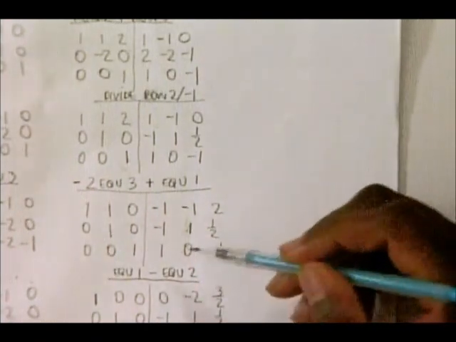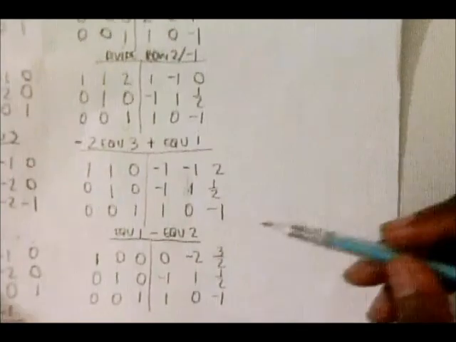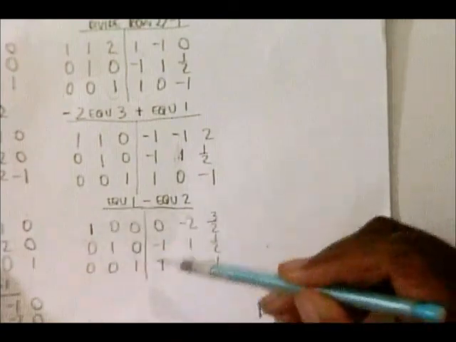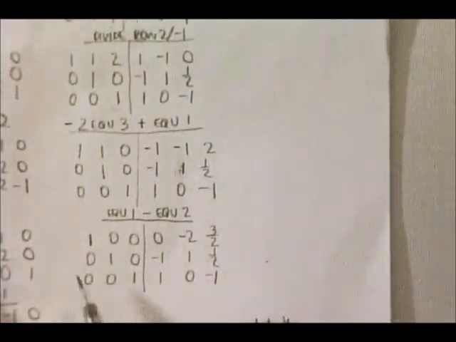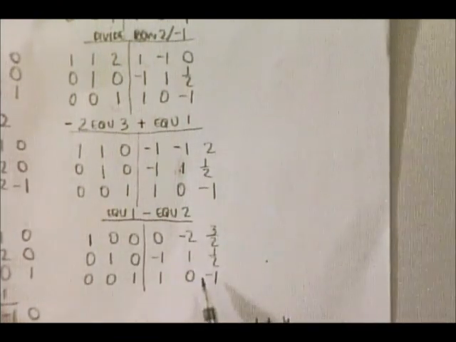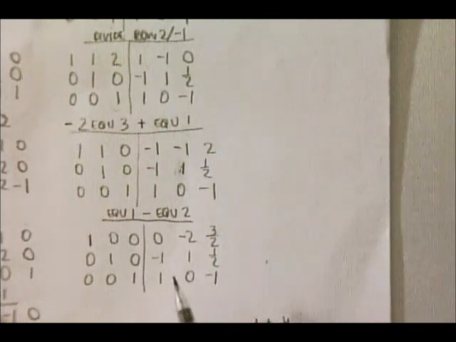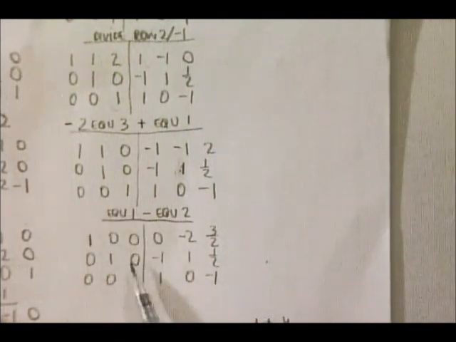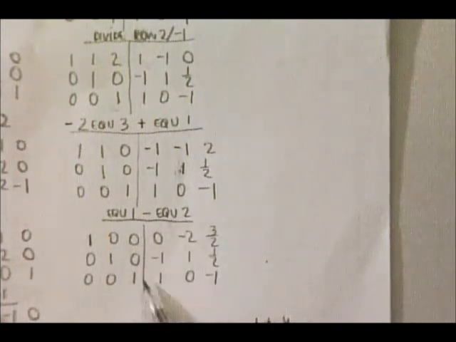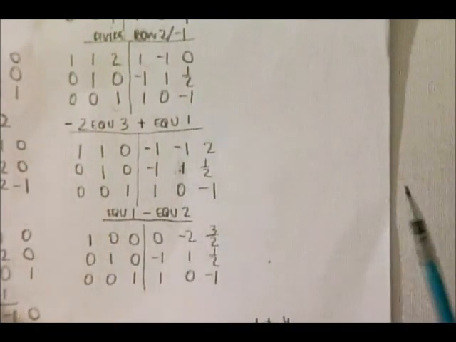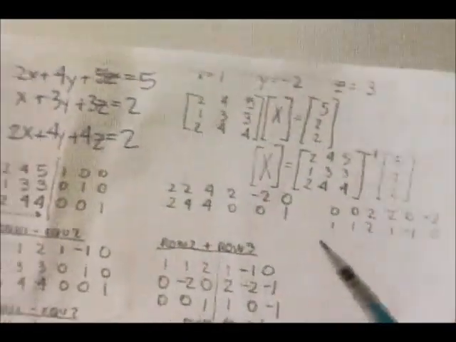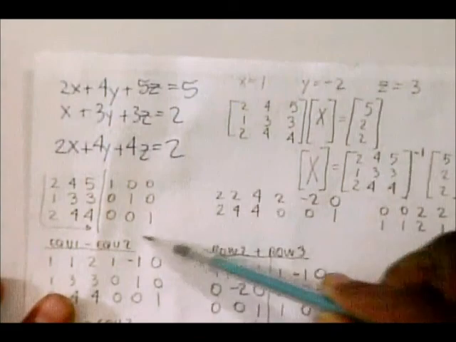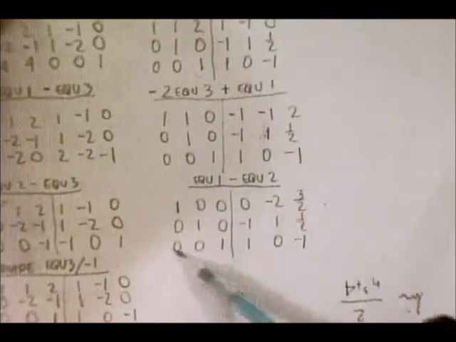So notice how we've got our identity matrix on the left here, which is what we wanted. We went from the identity matrix to this matrix here on the right side. What I want you to see is that in the original problem, we started out with the identity matrix on the right side. Now the identity matrix is on the left side.